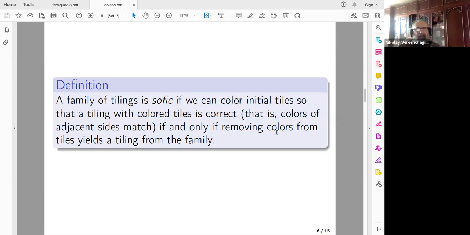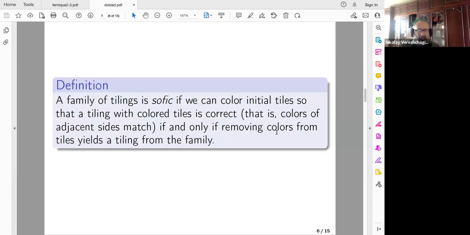Okay, maybe it's not correct. I will say it in more detail. If a tiling belongs to the family, then we can color all the sides of that tiling in such a way that the resulting tiling with colored tiles satisfies all the rules, and all the tiles belong to our family of colored tiles.